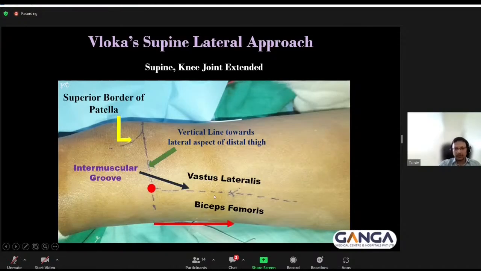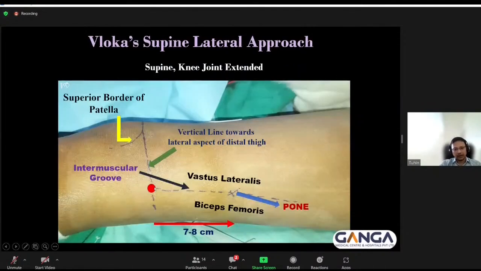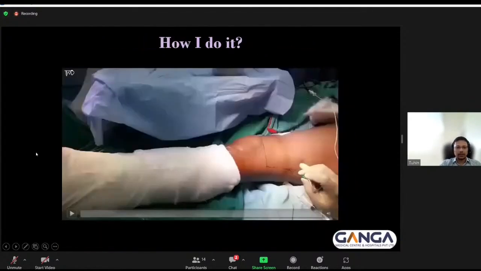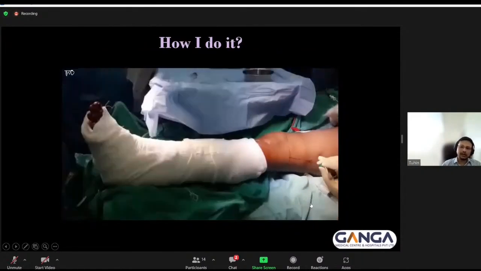This groove is visible in lean and thin patients, pediatric patients or muscular adults. One line is drawn in this groove and another line from the superior border of the patella. The intersection of these is noted, and then 7 to 8 centimeters proximal to this point is chosen for the needle entry. The direction of the needle entry will be perpendicular to the skin.